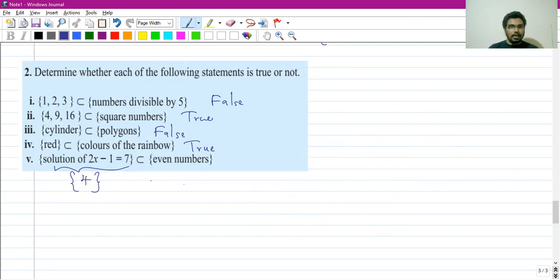If you write the even numbers 2, 4, 6, 8, 10, 12, you can go on and on. So definitely 4 is inside this second set. So we can say this set is a subset of the second set. So we can say this statement is true.